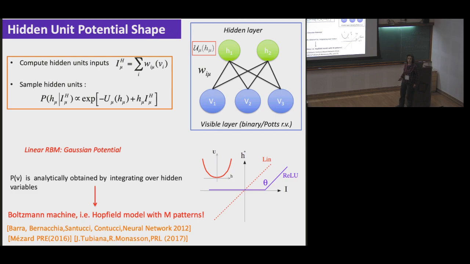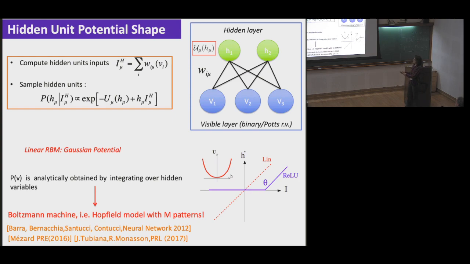So these are called linear RBMs. This is a very interesting case, and I will not go into the detail, but probably Mark will explain this better.